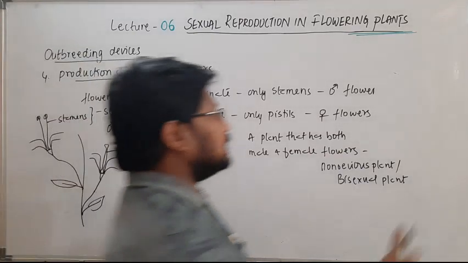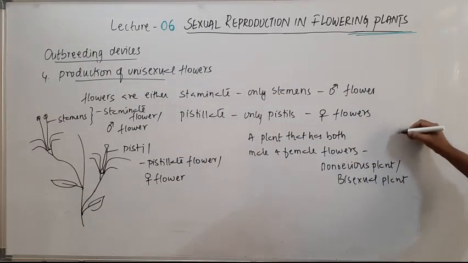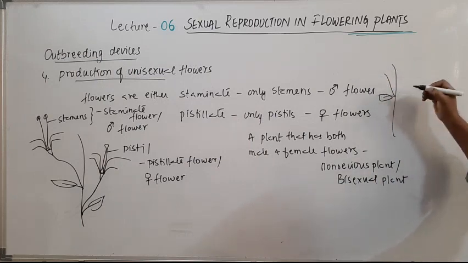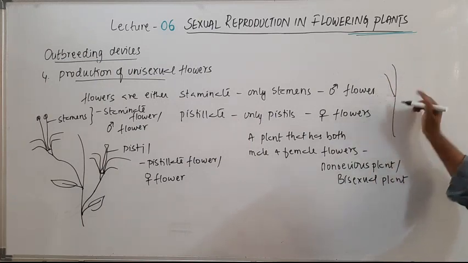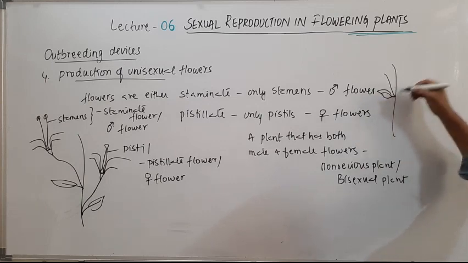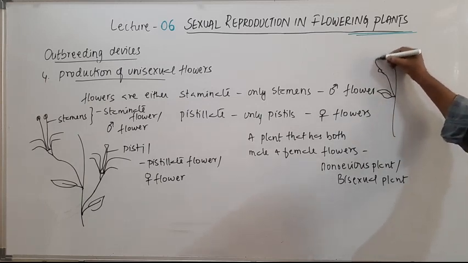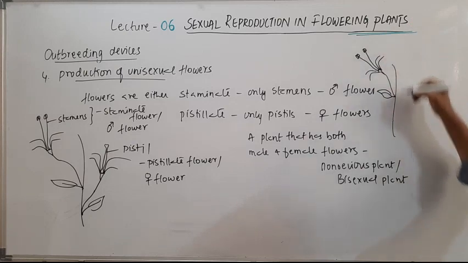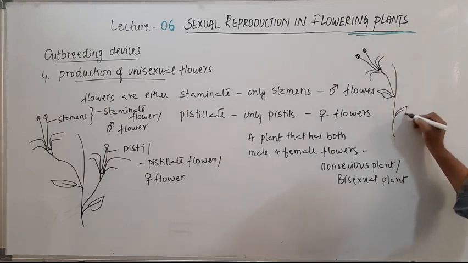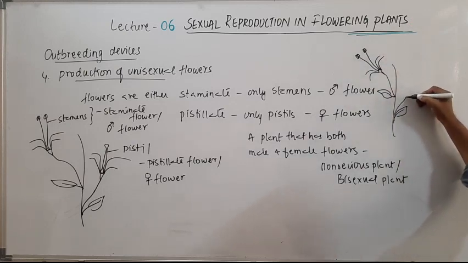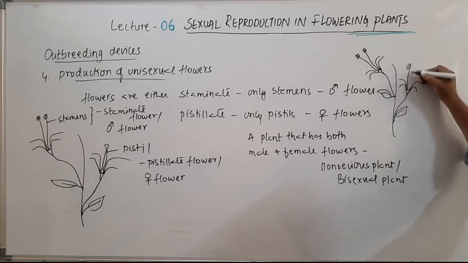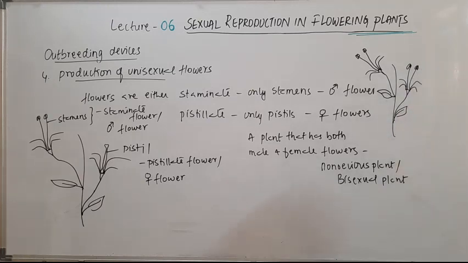Now in another case you may find a plant that has only male flowers. So the staminate flowers are present on one plant. This is a male flower, and here also you will see the presence of stamens.